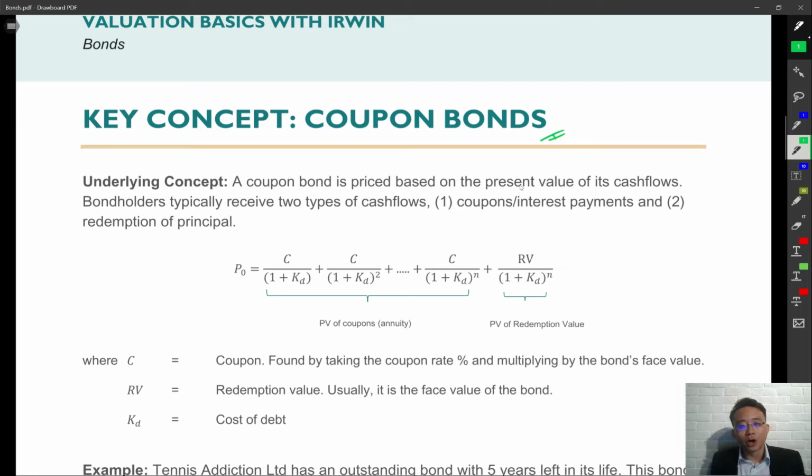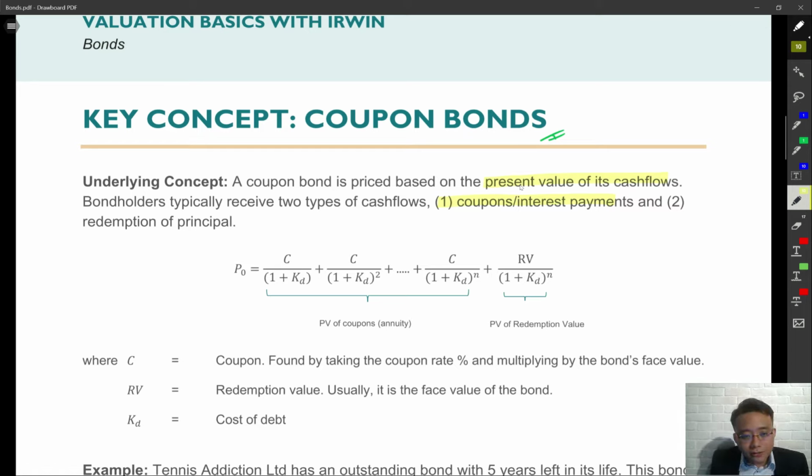A coupon bond is priced and valued based on the present value of its cash flows. Which leads to the next question then. What are the cash flows of a bond? Typically, two cash flows. Number one, as we said earlier, the coupons itself, the interest payments.